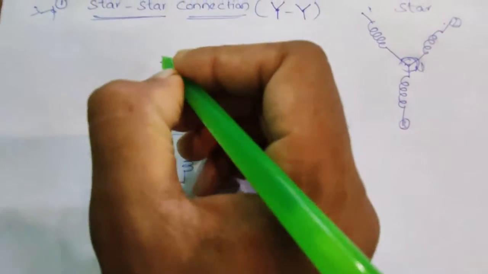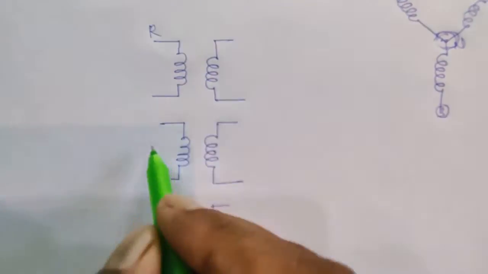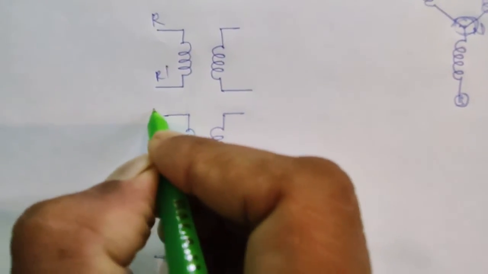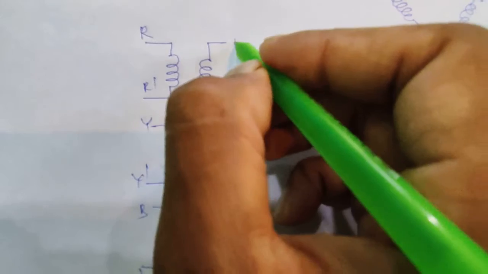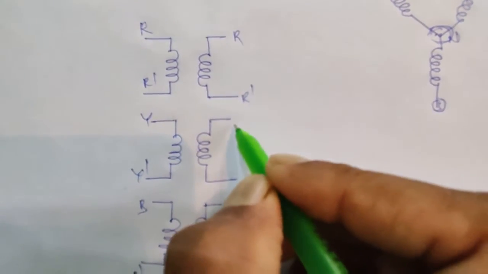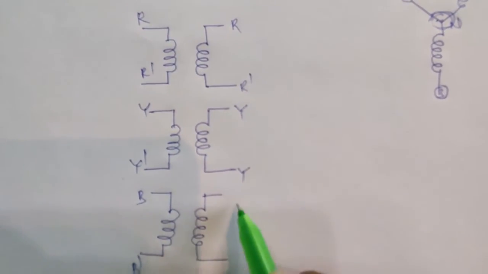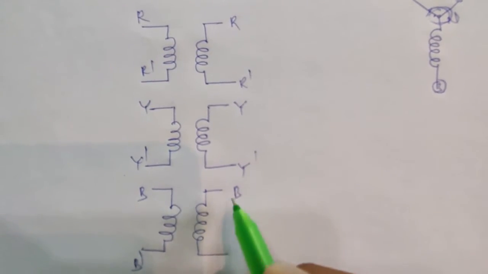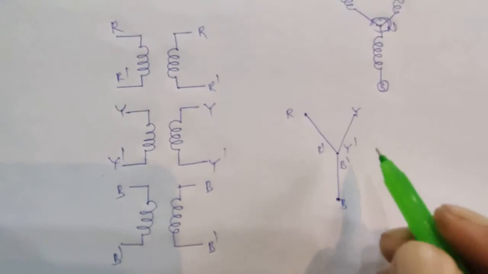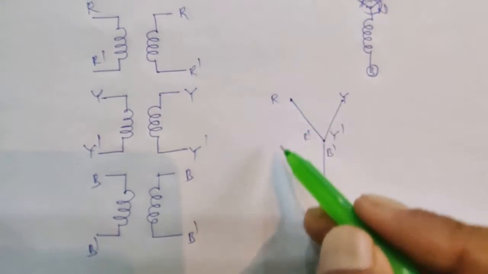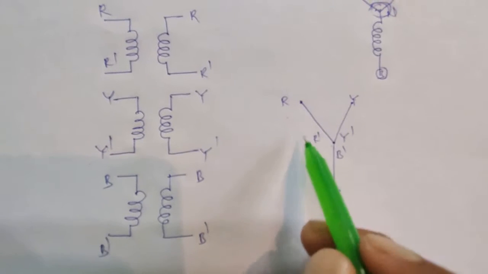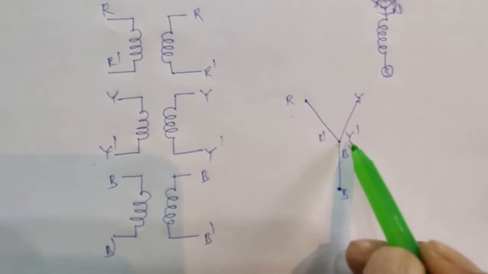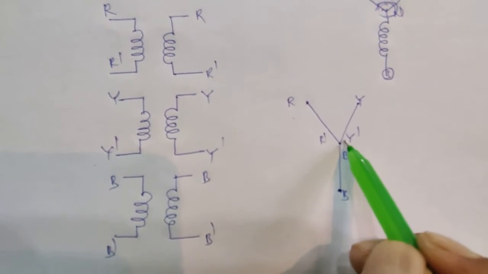Let's think this is R, R dash, Y, Y dash, B and B dash. Same like this, R, R dash, Y, Y dash, B, B dash. Let's observe this star connection also. R dash, Y dash, B dash are meeting at one node.